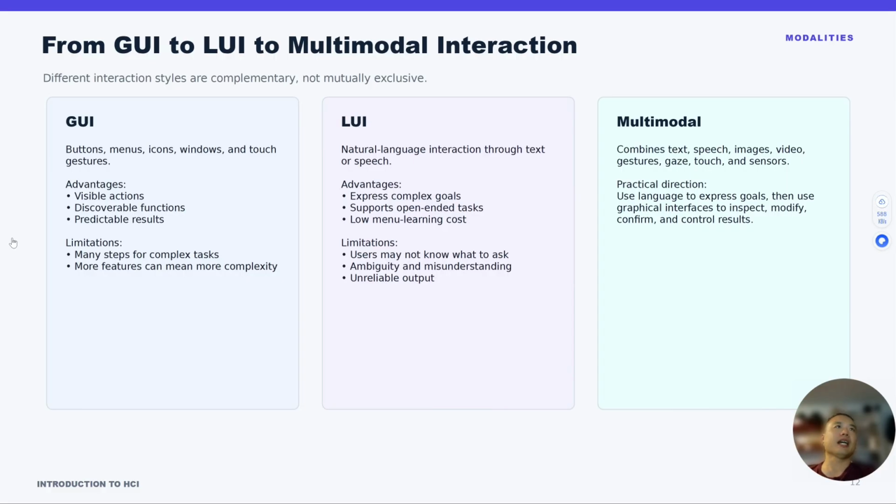Multimodal combines text, speech, images, video, gestures, gaze, touch, and sensors. So the practical direction is that the user can use language to express the goals, then use a graphical interface to inspect, modify, confirm, and control results. So multimodal is the overall phase for the interaction.